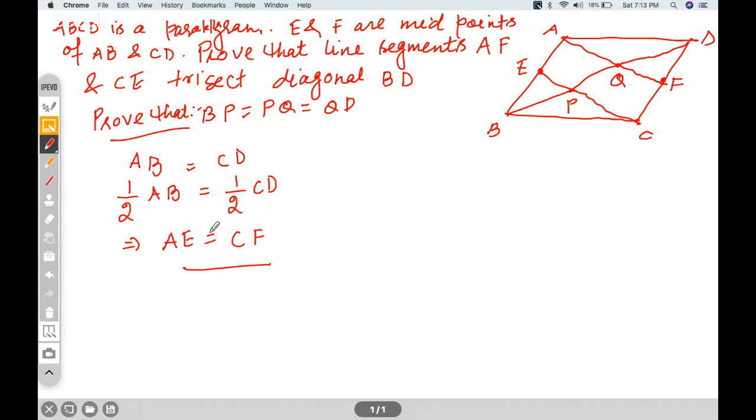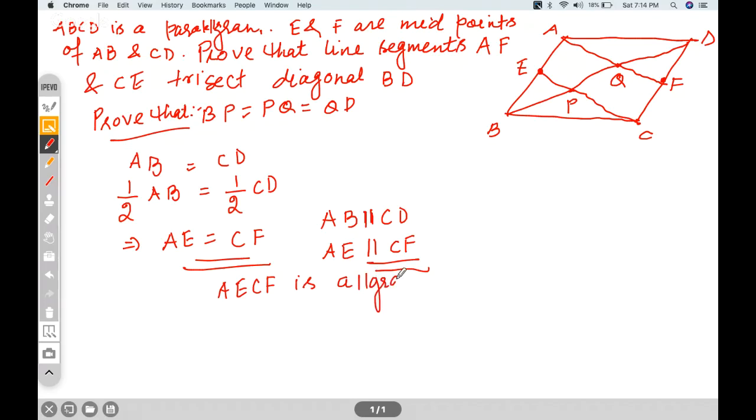Now I also know that AB is parallel to CD because it's a parallelogram. Opposite sides are parallel. So part of AB, which is AE, will be parallel to CF also. So AE is equal to CF and AE is parallel to CF. It gives me a case that AECF is a parallelogram.